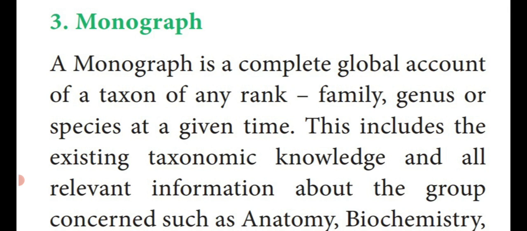One is the key, another one is the flora. Flora is also divided into different types: local flora, regional flora, e-flora. Like that, different types of taxonomical aid we have seen.